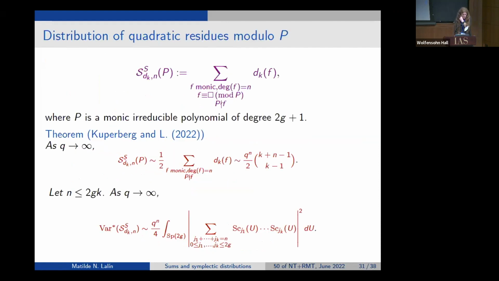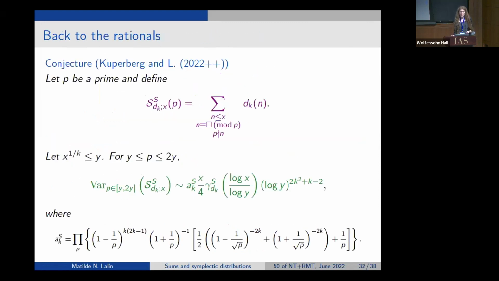Okay, so this is just to remind you, this is a result that we got. And then with that and knowing the degree, we can make a conjecture about what to expect in the number field case. So in the number field case, we would be interested in the sum over the numbers less or equal than x that are congruent to n mod p, p doesn't divide n, of d_k(n).